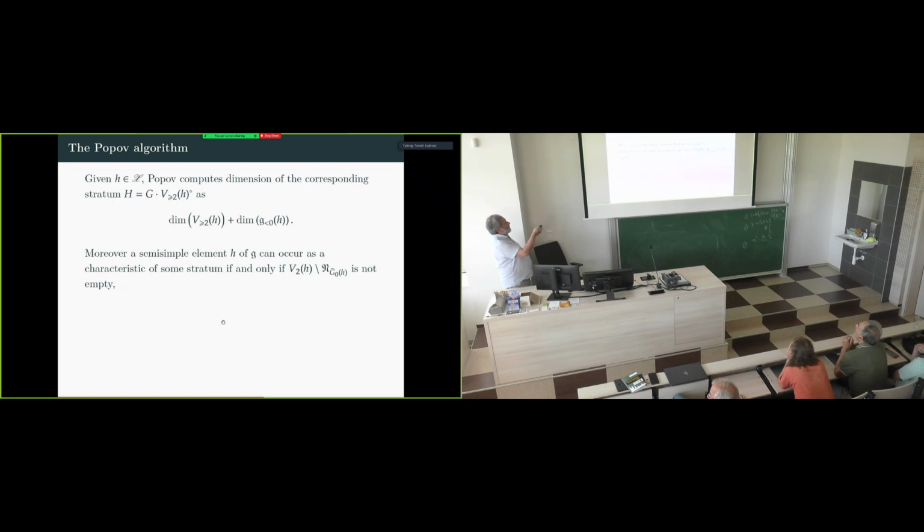And actually, there is a criterion for when a semi-simple element can occur as a characteristic of some stratum. It just means that the corresponding degree 2 part is not completely a null cone with respect to the action of this G_0. Then you have to compute the null cone of this particular thing, but it's smaller, and so you recursively go down to smaller and smaller cases.